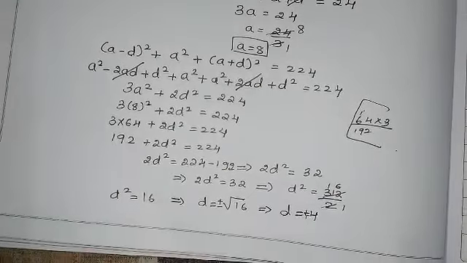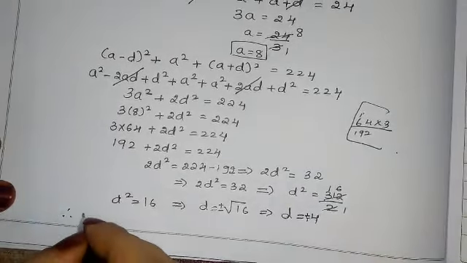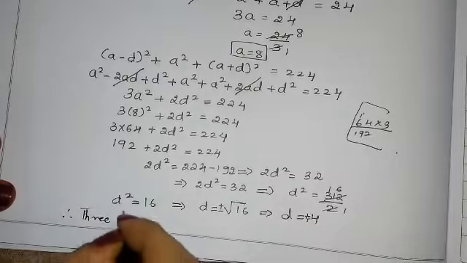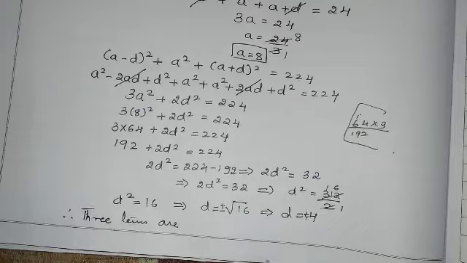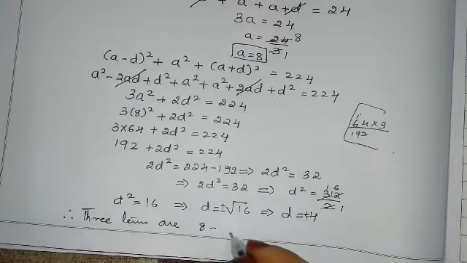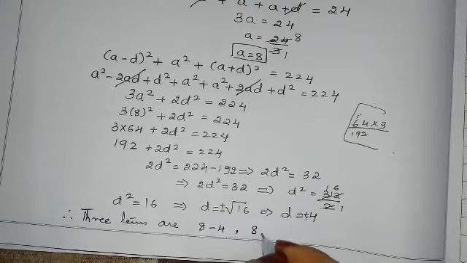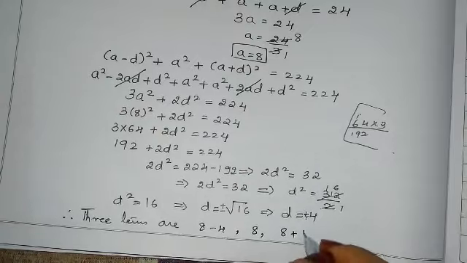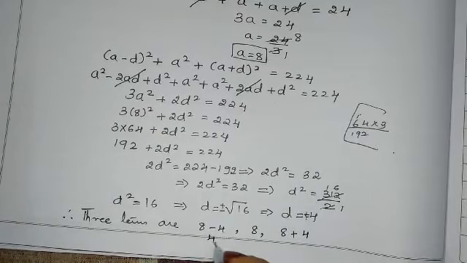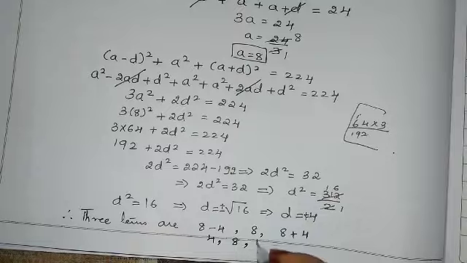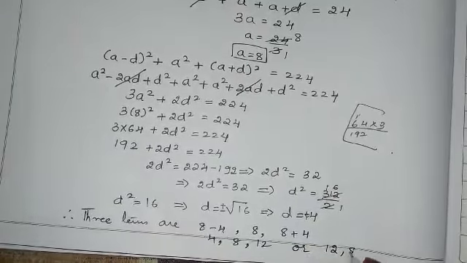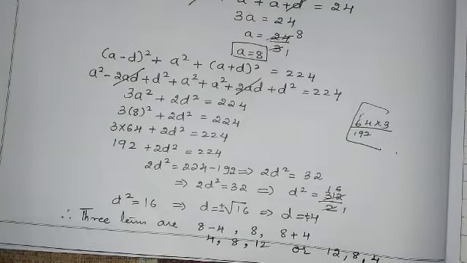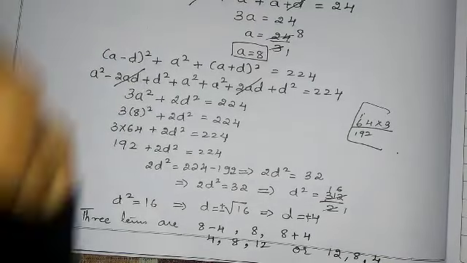So therefore the three terms are, we have already taken A minus D. A is 8, D is 4. A is 8, 8 plus D. 8 minus 4 is 4, 8 and 12. Or if we take the negative sign, 12, 8 and 4. So this completes question number 8.